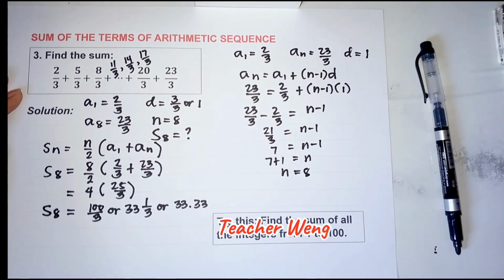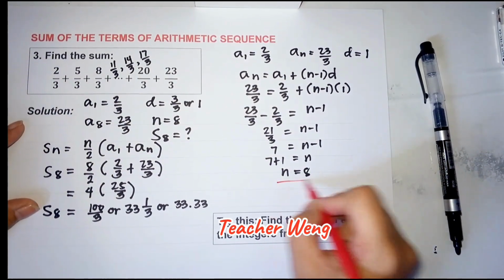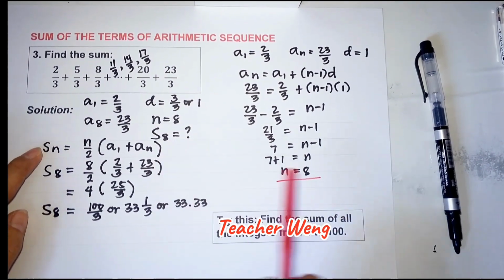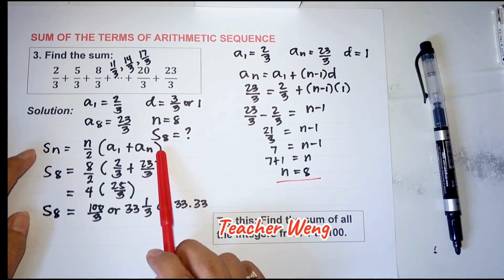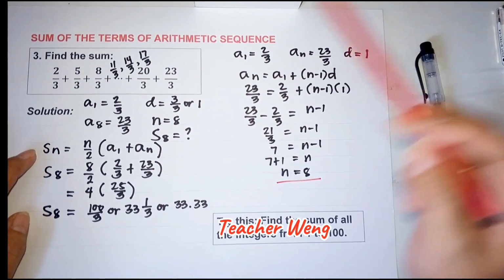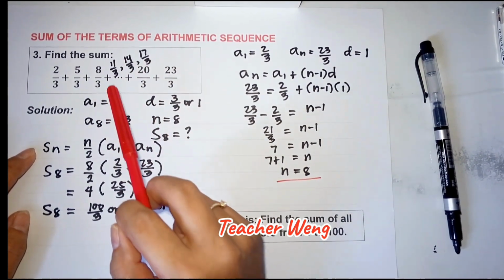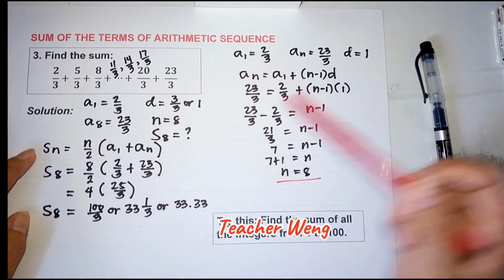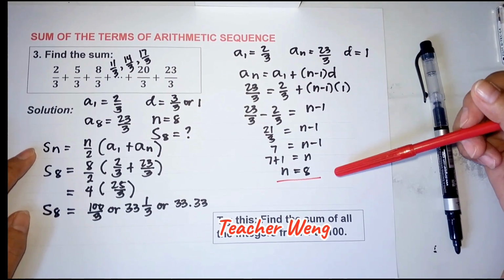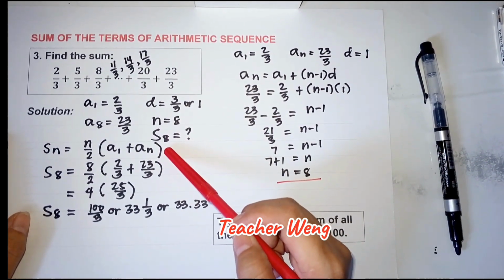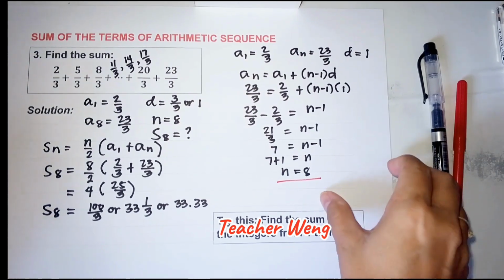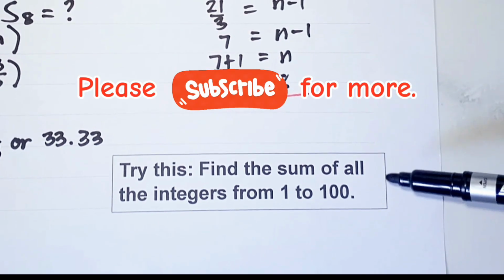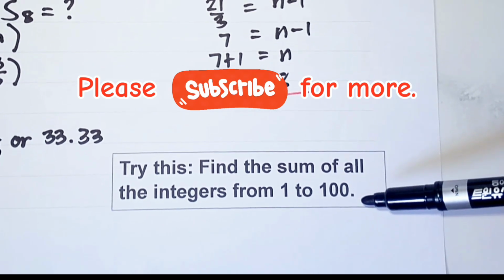After solving for n, you can proceed to this formula. You do this if there are several missing terms and it would be tedious to write all the terms. So you solve for n first, then you can use this formula. Now, will you try this? Try the next one. Find the sum of all the integers from 1 to 100.